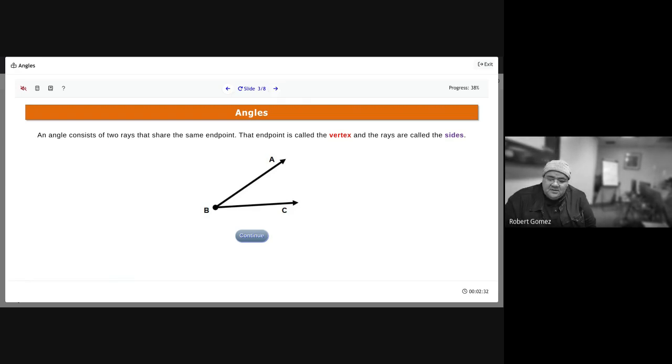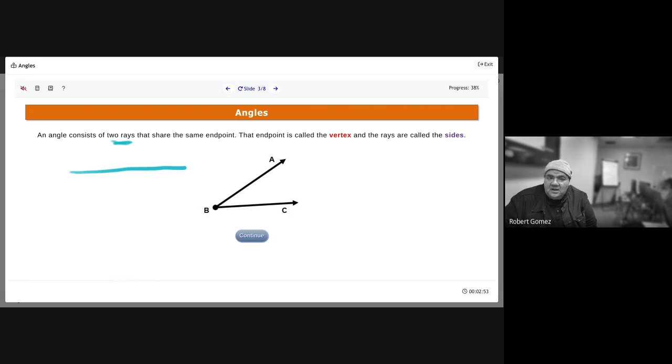Now for those of you who are in pre-GED, you're going to learn what that is, but just to review really quick. A ray, there are two things we need to be aware of. This is a ray.